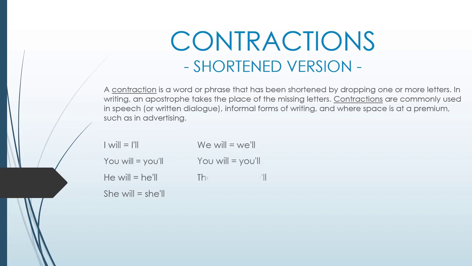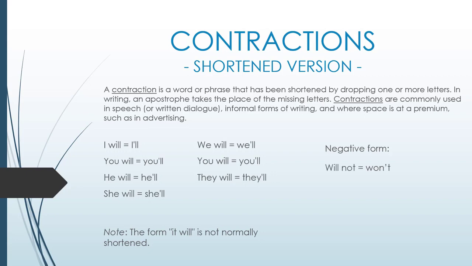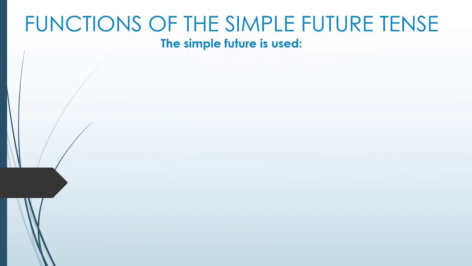You will, you'll. They will, they'll. However, there is a note. We should remember that the form it will is not normally shortened. We can shorten also the negative form, and it looks like this. Will not becomes won't.